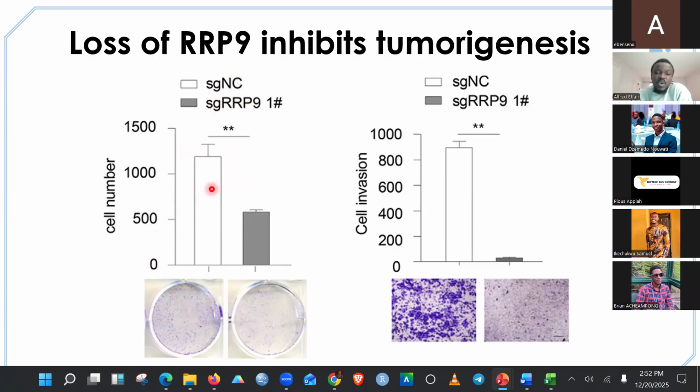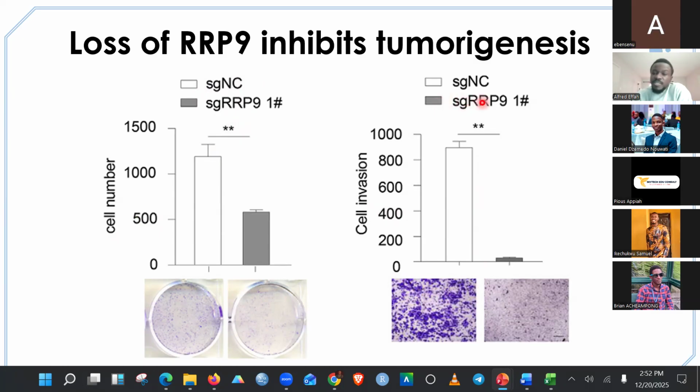You could see that when you have RRP9 present, you have a lot of cells growing in there. Large number of cells, which is here. But when we knock them out, few cells are here. It tells you that RRP9 kind of supports tumor growth. Now, when you delete it, it inhibits the growth, and that's what we see here. What about cell invasion? That is the tumor cells' ability to infiltrate other tissues.